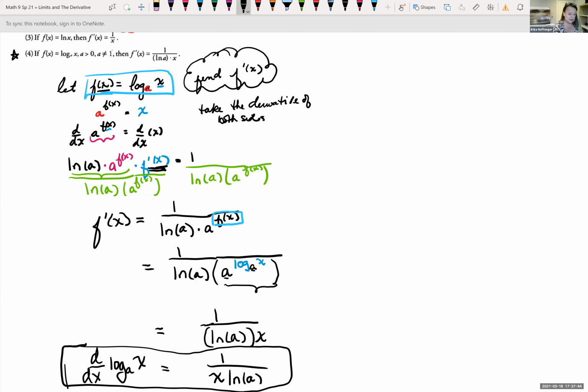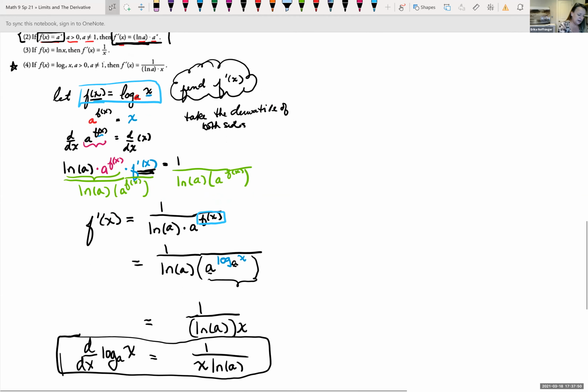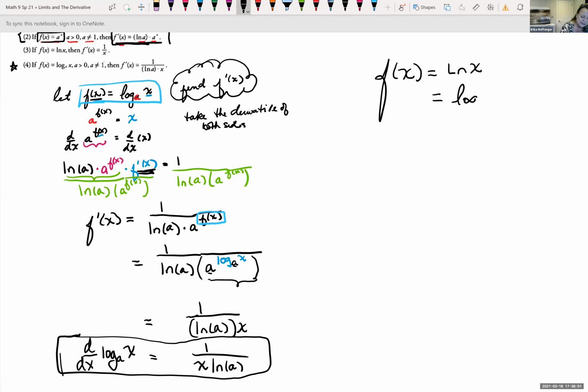So to get the natural log, that formula there, and that's 1 over x, all we have to do is, we know that if f of x is equal to the natural log of x, this is equal to log base e of x.